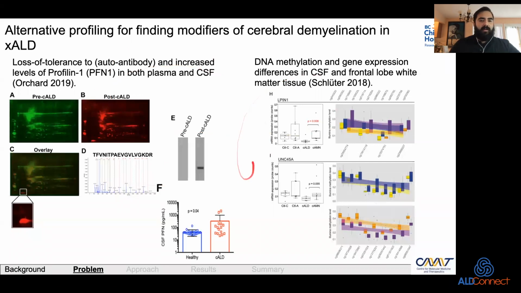Now, these two papers, this one in 2019 and this one in 2018, looked across patients that had developed CALD and saw, in one case, an overabundance of a protein called profilin-1 in both the plasma and the CSF. And in the other paper, several genes with implications in altered DNA methylation or gene expression, which could be capturing measurement of the environment or the state of the cells.